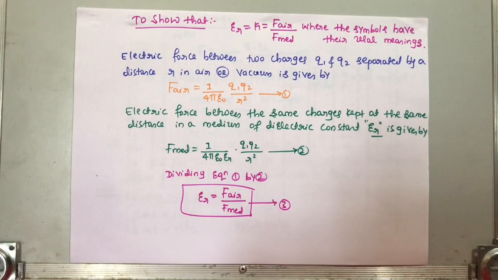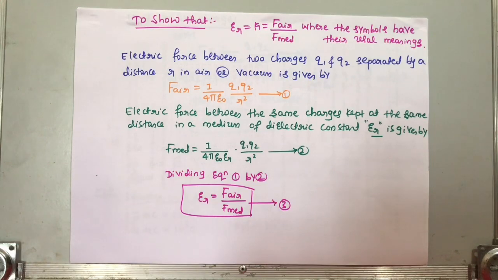It is the ratio of permittivity of the medium to the permittivity of the free space. In terms of the medium, you can write this equation as 1 divided by 4 pi epsilon naught into epsilon r. This is the new term, epsilon naught and epsilon r.